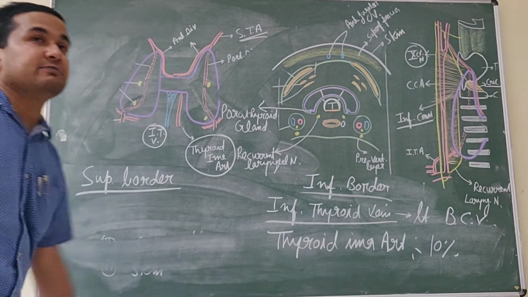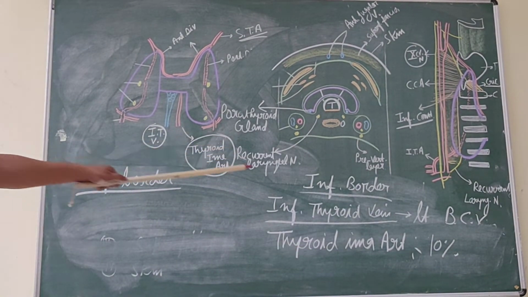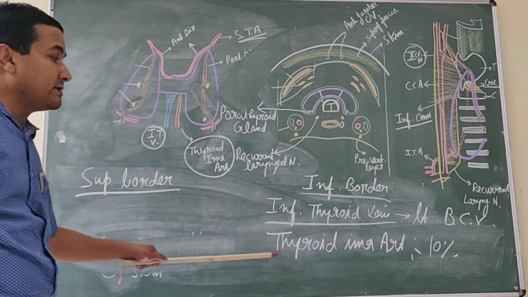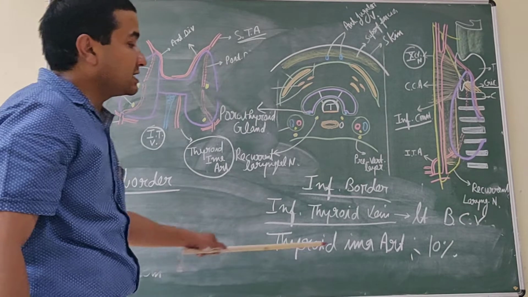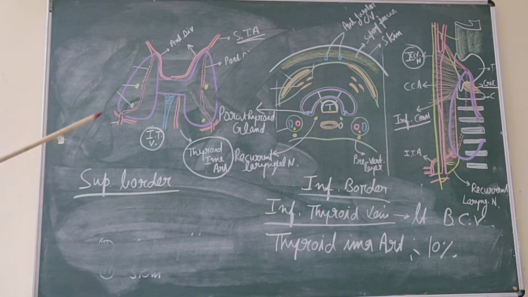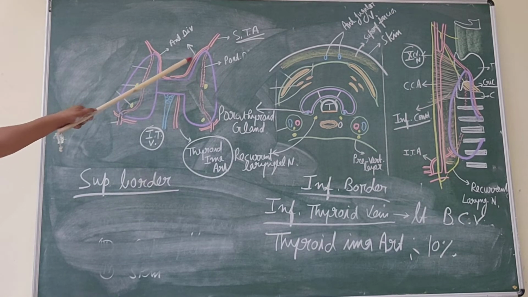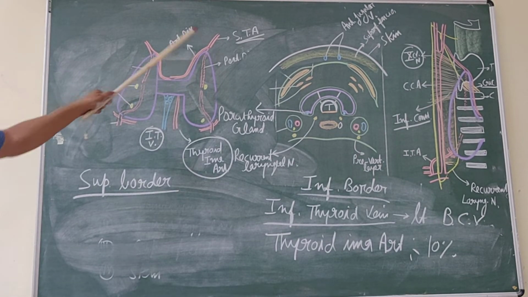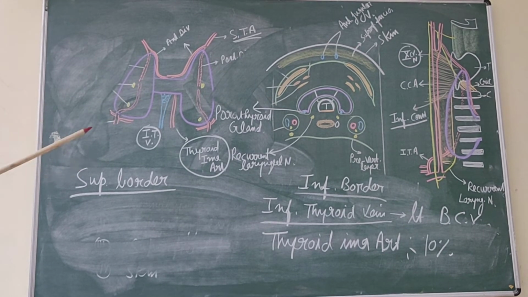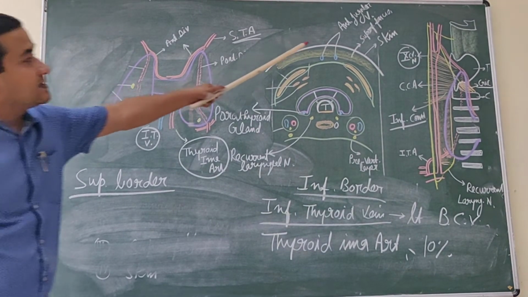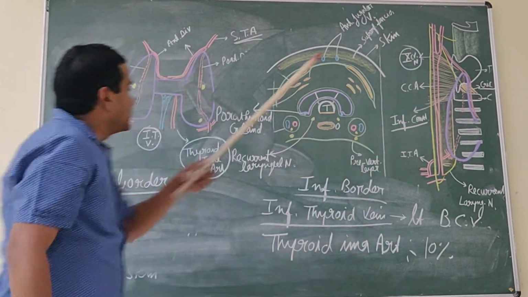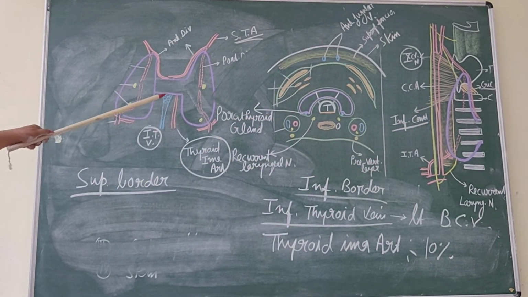So the lower border is related with the inferior thyroid vein, and the thyroidea ima artery if present, and the upper border is related with the anastomosis between the anterior divisions of the superior thyroid artery. So this is the relation of the isthmus: anterior surface, posterior surface, upper border and lower border.